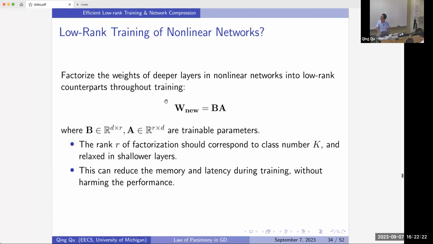The idea is that in the last, say, 1, 2, 3 layers, we do low rank training of the nonlinear network, and the rank we choose should be strongly correlated to the class number. We can choose the rank of this low rank factorization based on the number of classes. By doing this, we can significantly reduce the number of parameters and improve the efficiency of training.